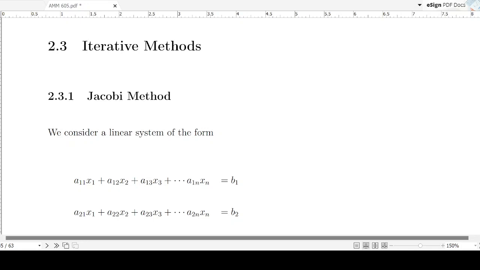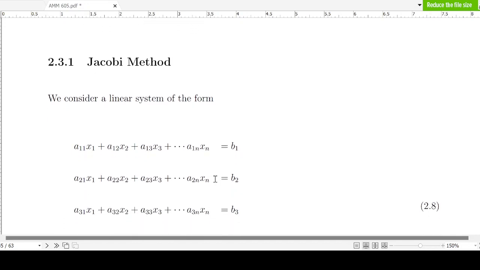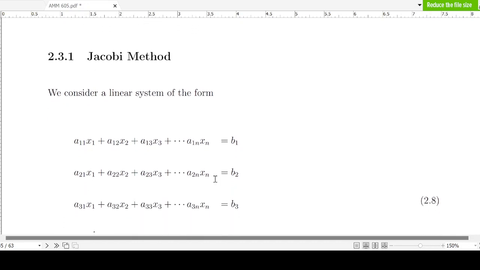Now, in this lesson, we shall consider the iterative methods. And here we shall look at two methods, what we call the Jacobi method and also the Gauss-Seidel method.